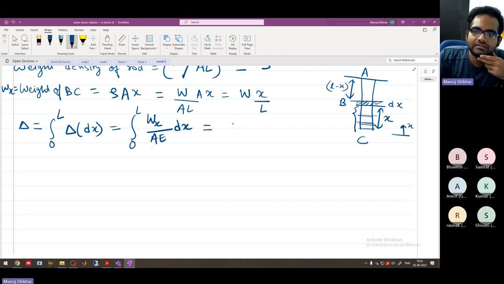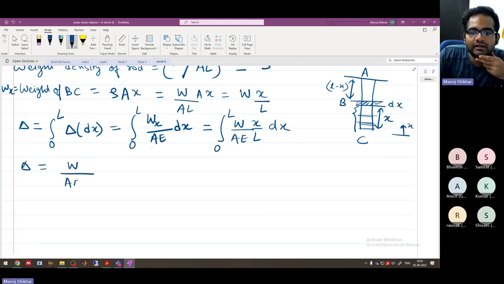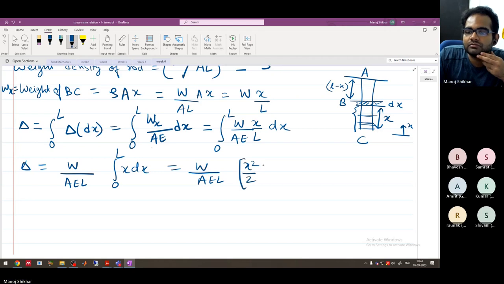So now we replace Wx by W into X by L, and we integrate from 0 to L. For our case, we know that W, A, E and L are constant, so we will take them out. Thus we have an integration of X from 0 to L. So this will be W by AEL into X square by 2, from 0 to L. So W by AEL into L square by 2.